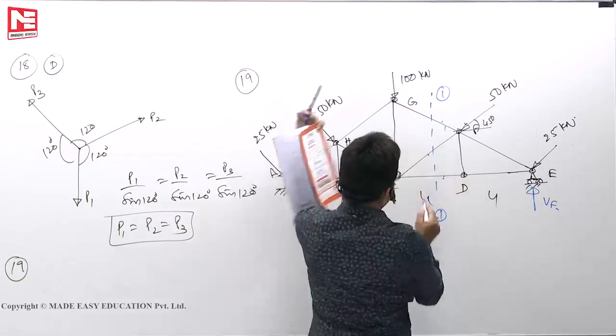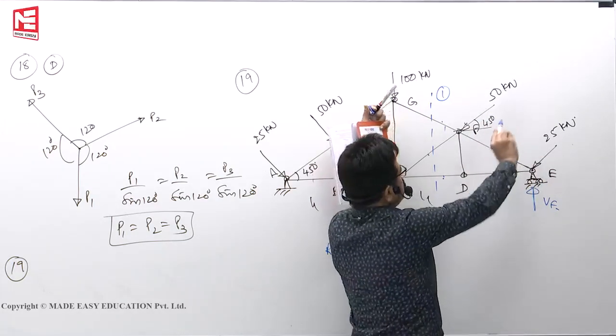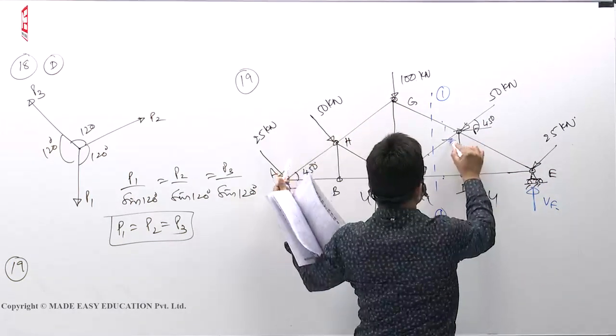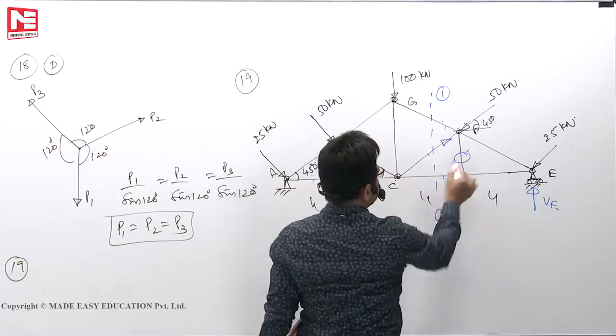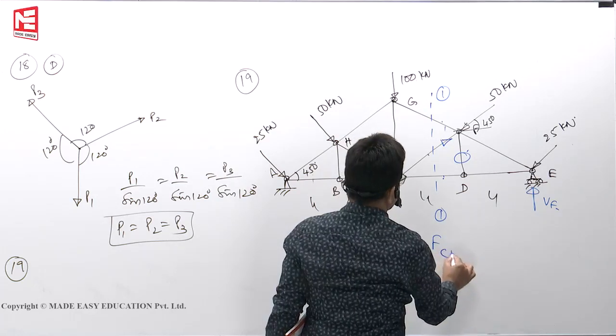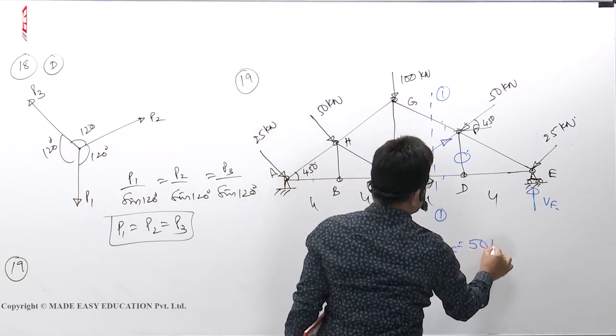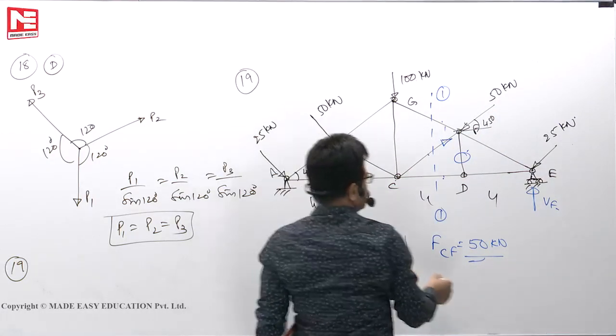So when you stand here, look at the right side. These two will give 0 moment. This is giving anti-clockwise, so this should give clockwise. That means this way. This is already 0. 1, 2, 3: two are in line, so they should match. Force in the member CF is 50 kilonewton, that's all. Directly we can write because they are in the same line.